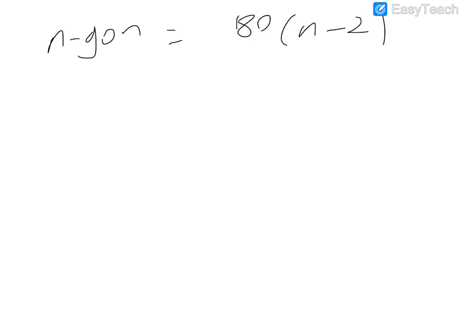So first of all, let's go over some of the rules. The sum of all interior angles in an n-gon, which is a polygon with n sides, is equal to 180 times n minus 2. And if it's a regular n-gon, then you divide this by n for each angle.